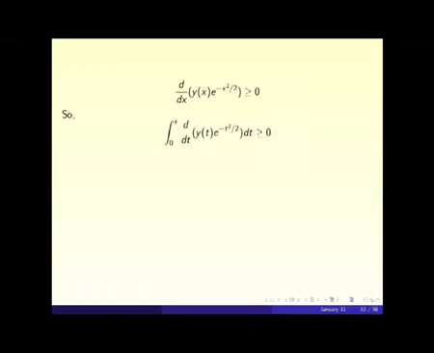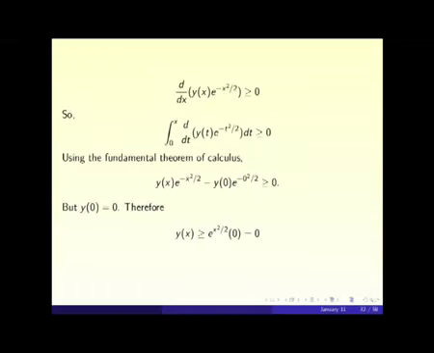Of course, in the definite integral, the variable is a dummy variable. So let's use the fundamental theorem of calculus: y(x) e to the power minus x squared by 2 minus y(0) e to the power minus 0 squared by 2 is greater than or equal to 0.